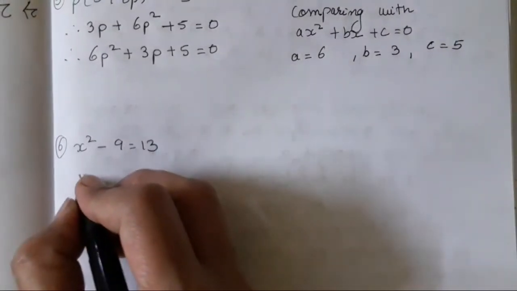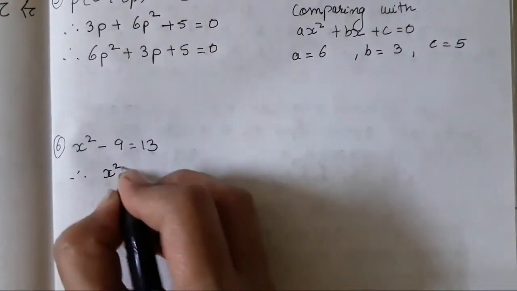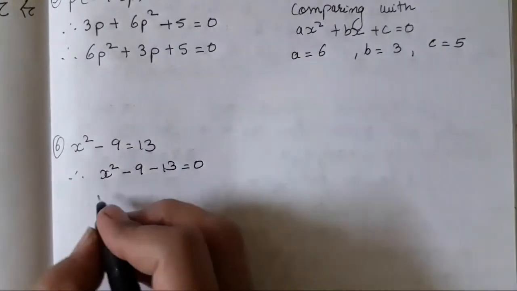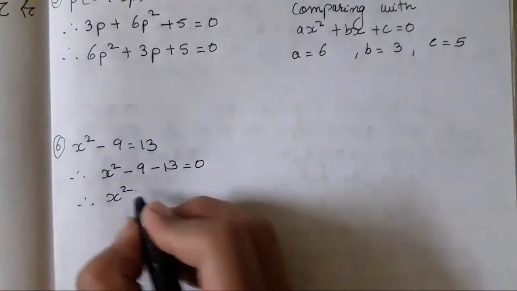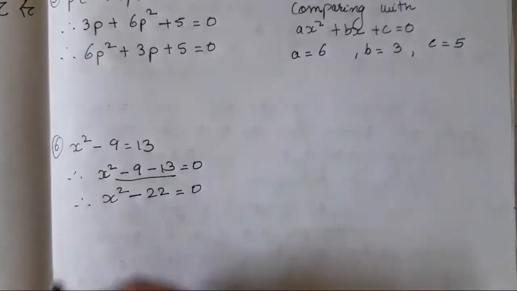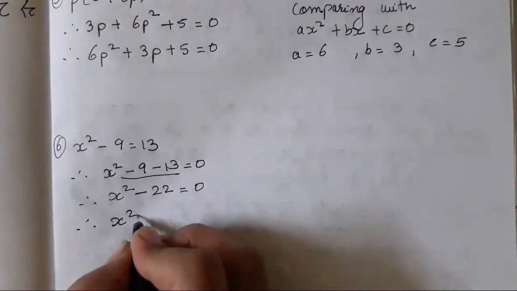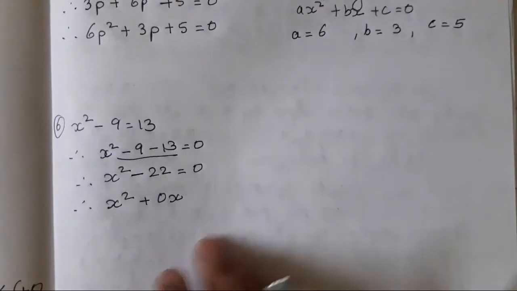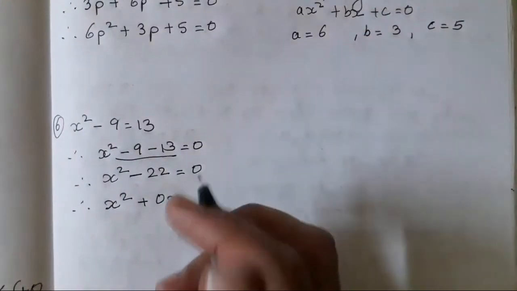Next, therefore x square minus 9 minus 13. Therefore x square, add this, is equal to 0. Therefore x square plus 0x, because there is no value, we have to compare it in this form, okay, in the standard form.